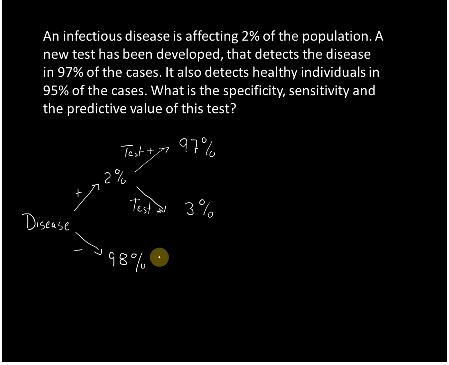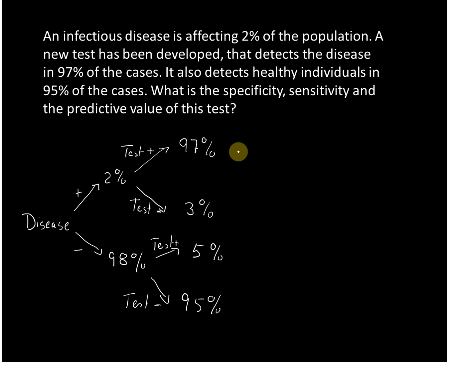Now we can do that also in the case of when people are not affected. So we can say the test is positive in 5% of the cases, and it is negative, test negative, in 95% of the cases. So we know that it detects healthy individuals in 95% of the cases.